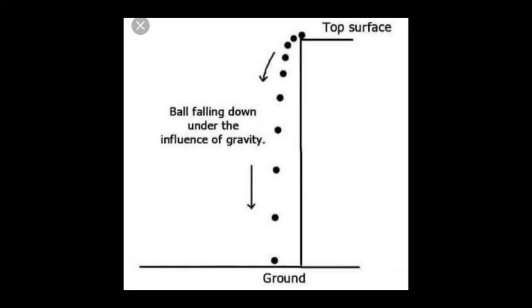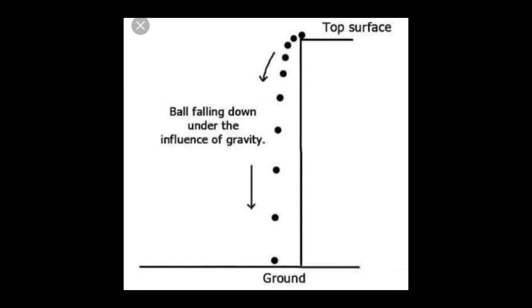Next topic is acceleration due to gravity. You know that Earth attracts each and every object towards its center, right? Now suppose you have dropped any object from a certain height. Now what happens? Its velocity gradually increases, and now when the velocity is increasing, what does it mean?